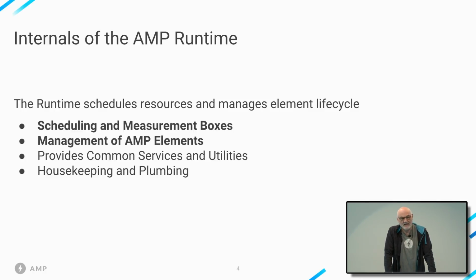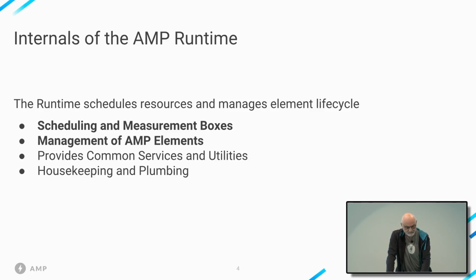Management of the life cycle of AMP elements after it's measured and scheduled. And then it provides a bunch of common services and plumbing to make it easy to do things, and to let us track things. I'm not going to talk much about those today, but they're worth looking into because you should really use our standard calls for mutating the DOM and things so that we know you've done it, so that we can then track it and remeasure things.